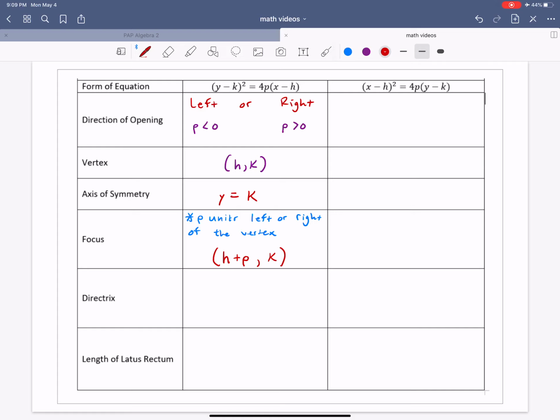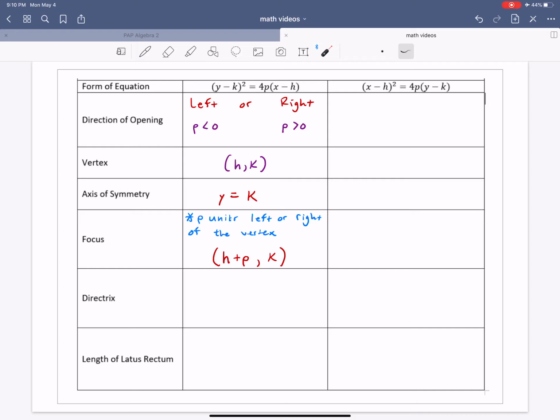If you remember it like h plus p, that takes into effect whether p is positive or negative. It's going to shift that coordinate the correct way. So trust me, think h plus p. Add p to the x value of the vertex, keep the y value the same, and that's the location of your focus.